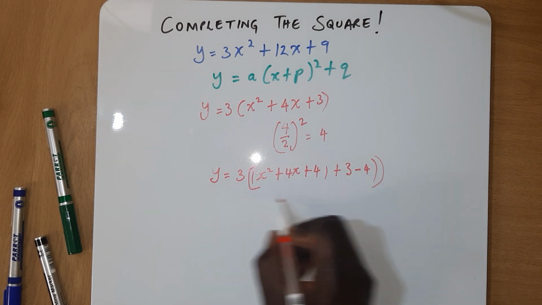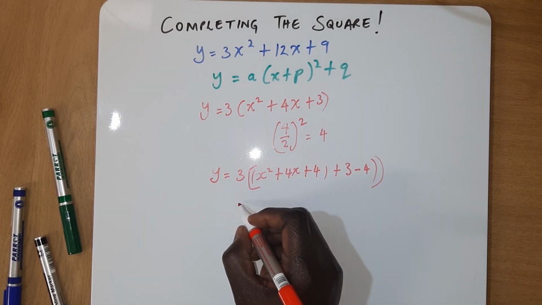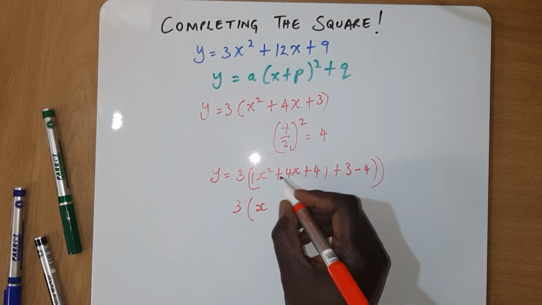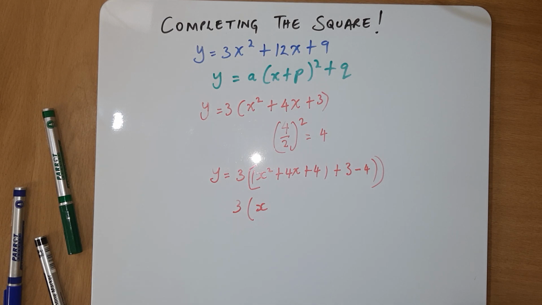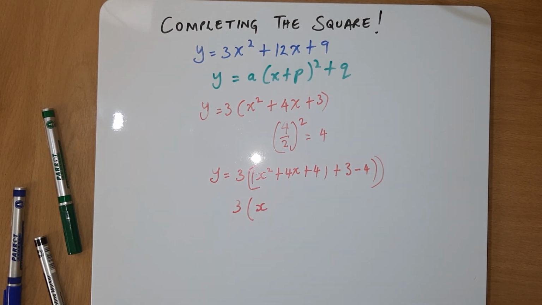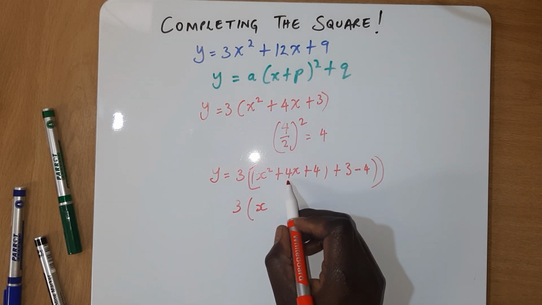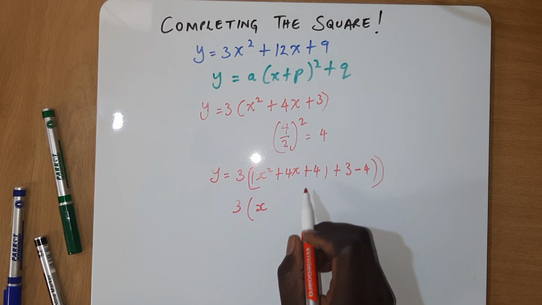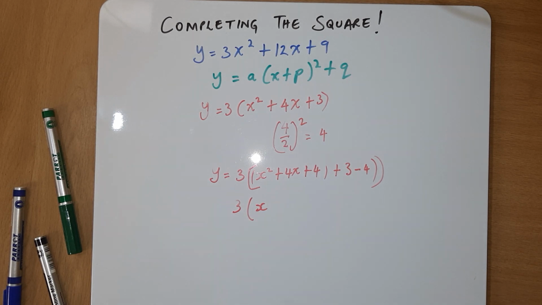So that would be 3 into, when we simplify this now, x squared plus 4x plus 4. We need two numbers whose sum is 4 and product is also 4. What two numbers are those?